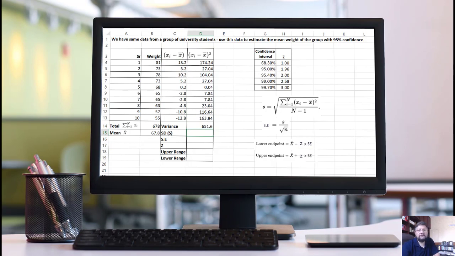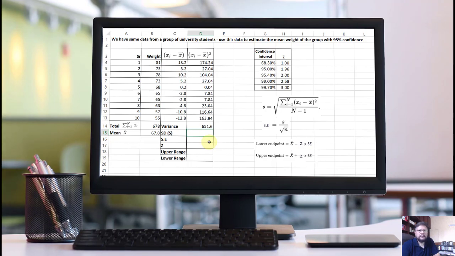Now this is called a variance. If you look on this side where the formula is, variance represents this term. So we've taken the sum of the square of the difference from the mean for each point, and that total is called a variance. Now we have to convert this into standard deviation.